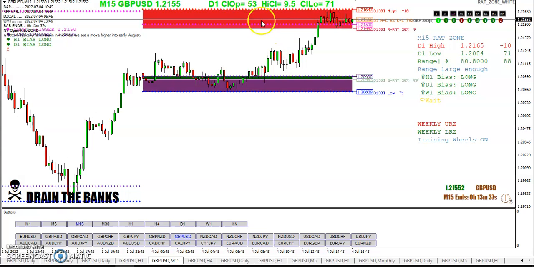So does this indicator make you any money? No. What it does is it alerts you to where price is, where there's a high probability that by the end of the day, price won't stay in this zone. Now you have to remember, this is a dynamic indicator because it's based off the current daily high and the current daily low.